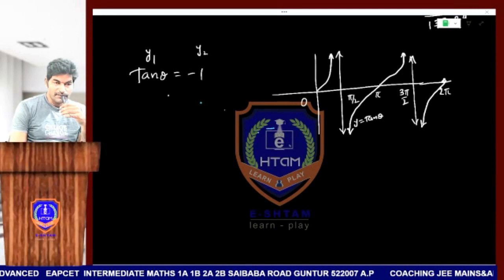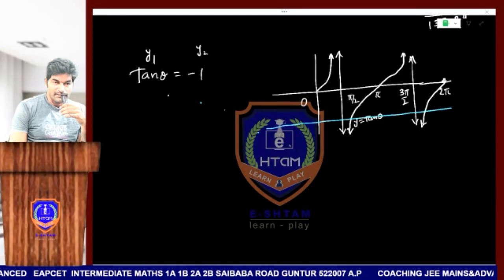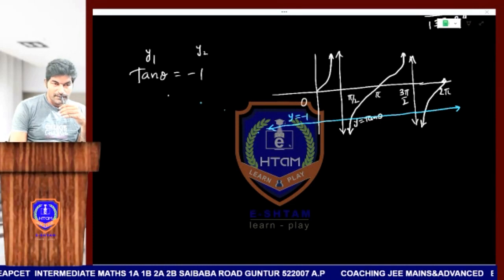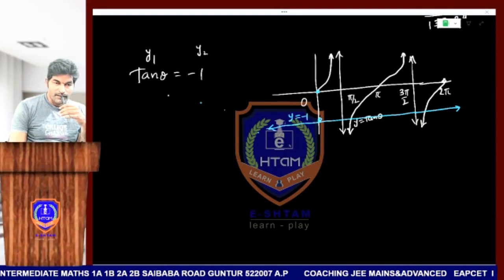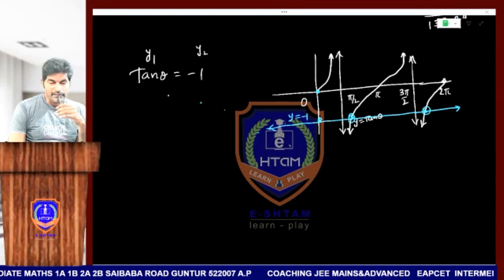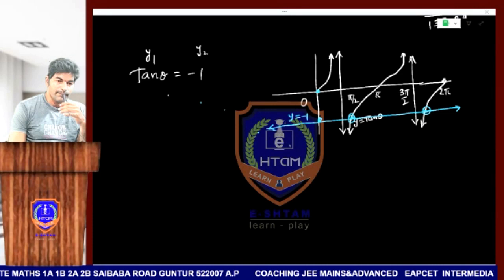This is y equal to -1, because it is below the origin, downward of the x-axis. It cuts the graph at two particular points. You can observe these points in the graph.